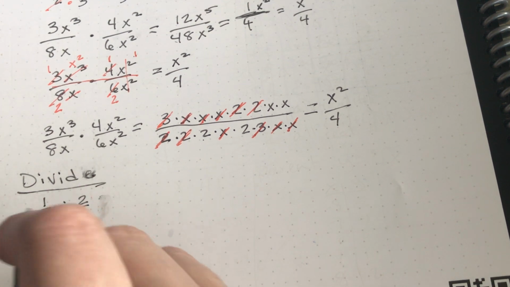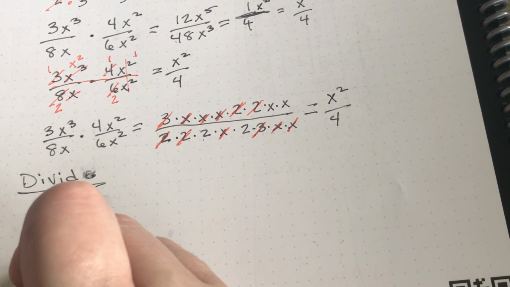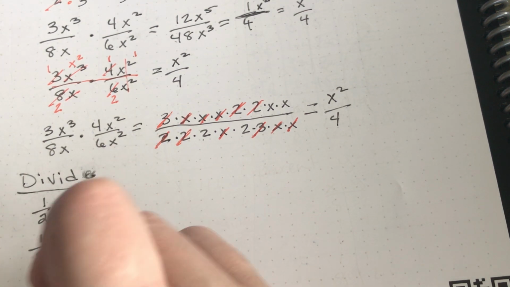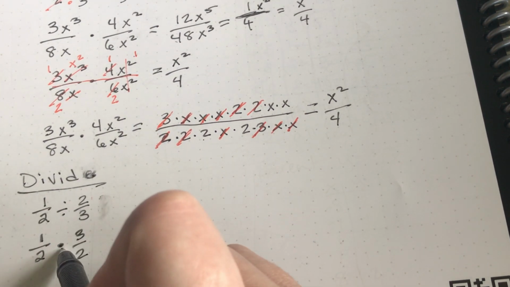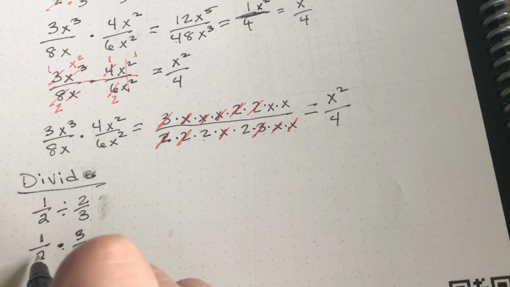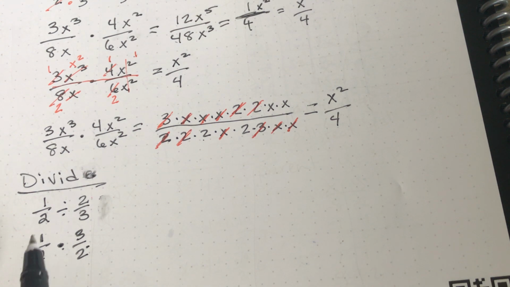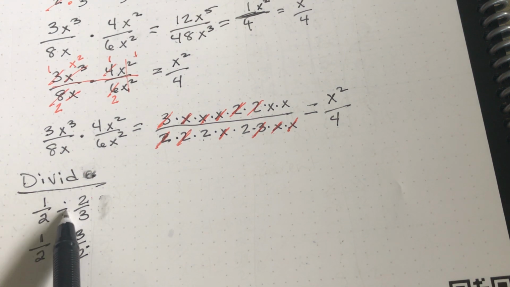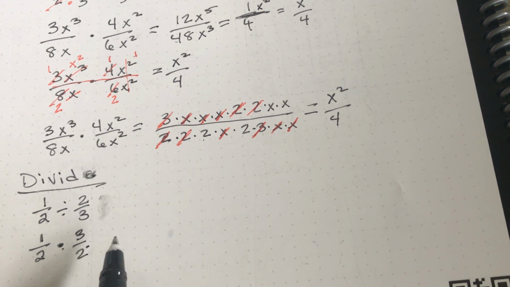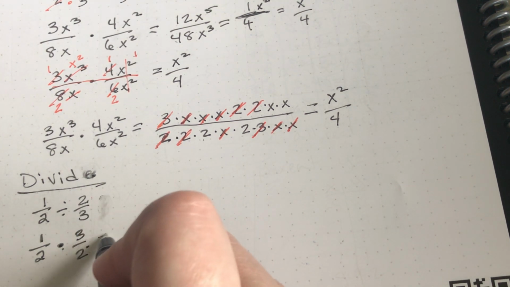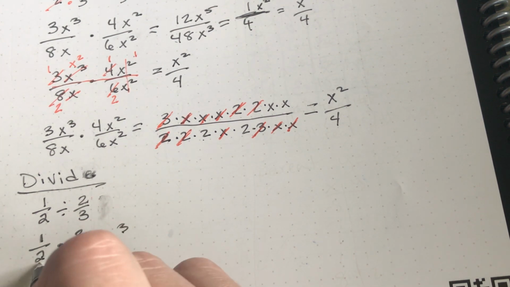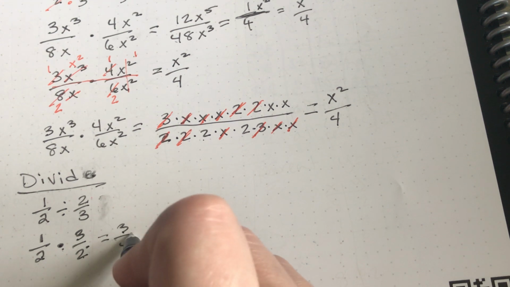So instead of dividing, I am going to multiply by the inverse, right? So I'm doing the opposite operation here and the opposite here. This one stays the same though, okay? So 1/2 stays 1/2, division becomes multiplication, and then we flip the second fraction. And now we can just multiply straight across. 1 times 3 is 3, 2 times 2 is 4, so my answer is 3/4.